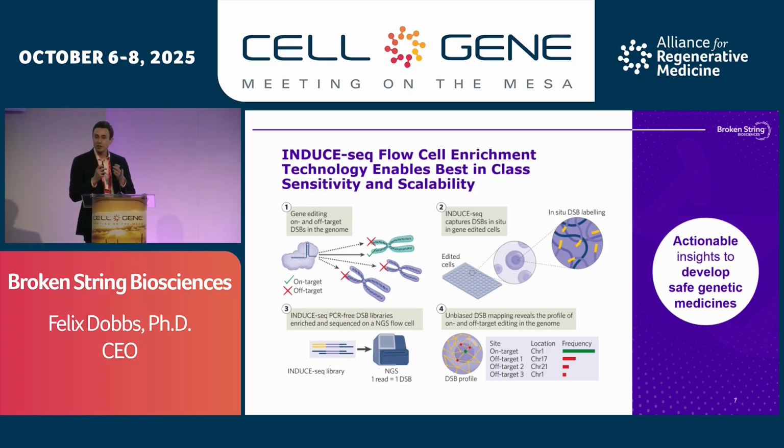We then capture these double-strand breaks in situ from a sample of cells, directly labeling the broken ends inside the cell nuclei in a sample of those cross-linked gene editing cells in a pretty standard 96-well plate format. We then move from a cell-based part of the workflow into a DNA-based workflow where we label all of the other exposed ends with a second sequencing adapter, and we then read these out and enrich them directly onto a next-generation sequencing flow cell to capture and then sequence those positions of DNA.